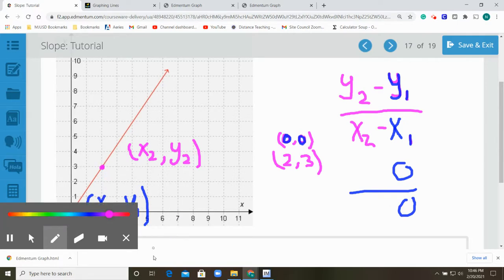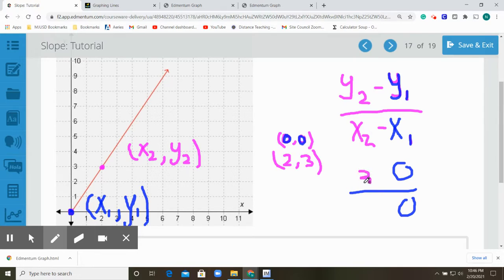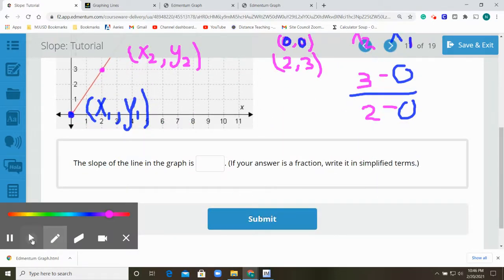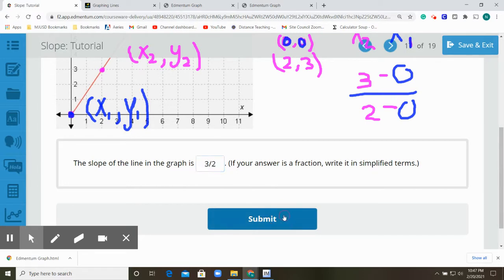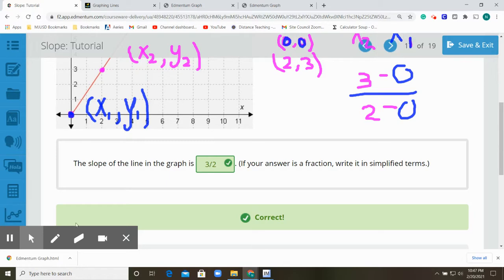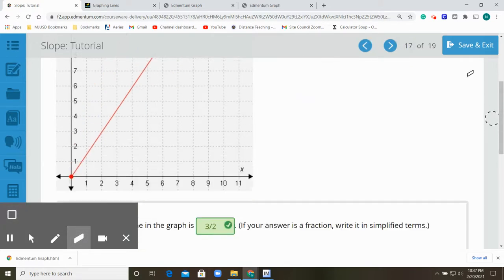So on the x-axis, we go over 2 and up 3. So then we put the 3 here and the 2 here, y2 over x2. 3 over 2. So we type that in, 3 over 2, and hit submit. Correct. Then we clear out all of our junk here and move on.